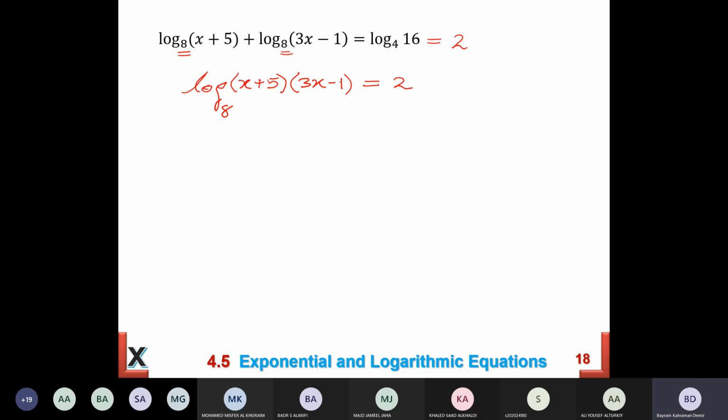And the rest is, I guess, going to be easy for you. x plus 5 times 3x minus 1 equals 8 to the power of 2. It is 64, huh, Shabab? All right, so I'm sure the rest is clear for everybody, Shabab. And please do not forget to check your answer, huh, Shabab?